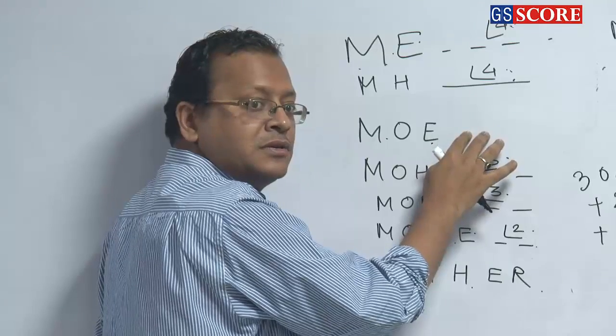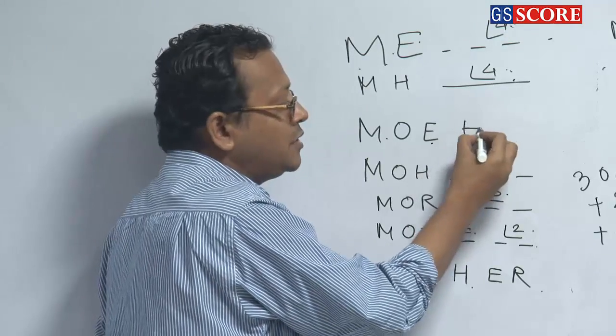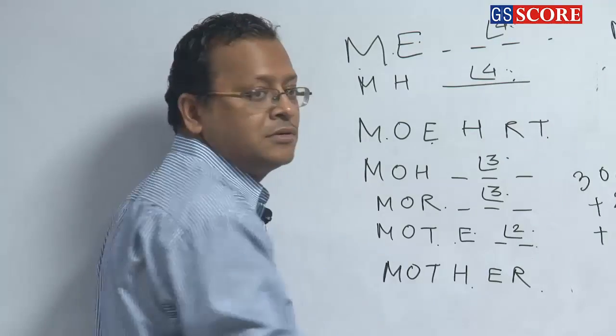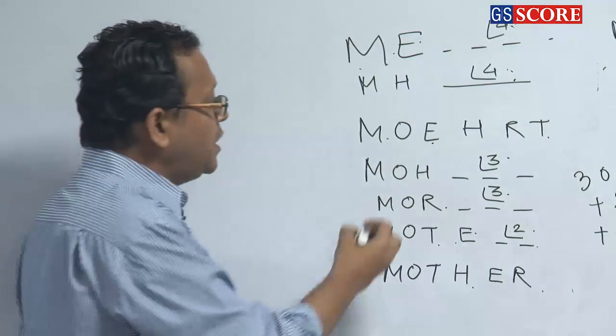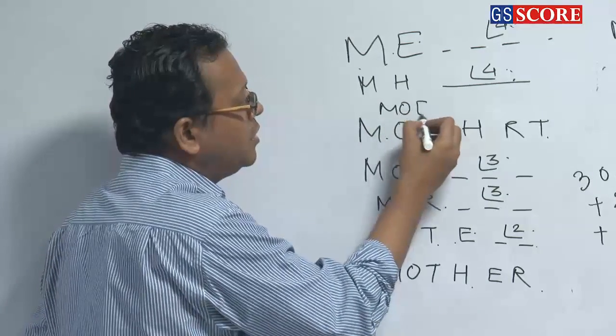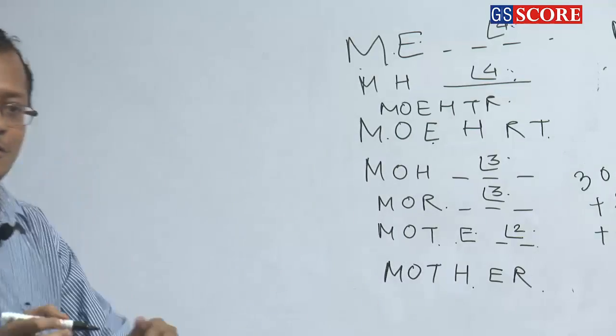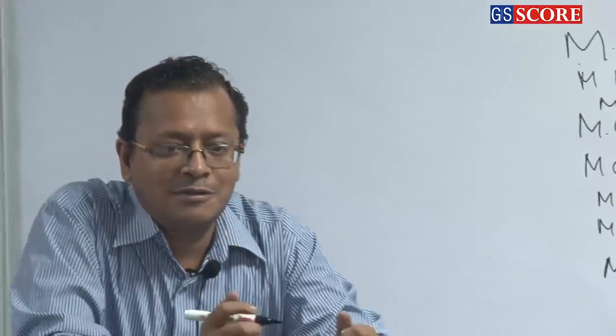First H. Then what will come? 290. What is the 290th word? MOEHTR. 290th word. Clear or not? Did everybody understand? Clear? So this is about words and letters, right?